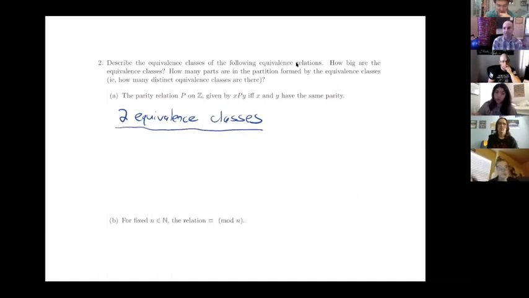So what would be an example of one of those equivalence classes? If X is even? Yeah, so we can take the set of even numbers.